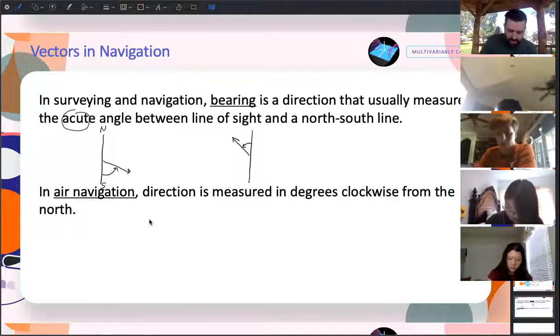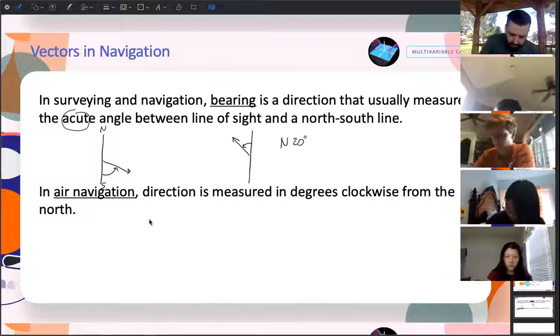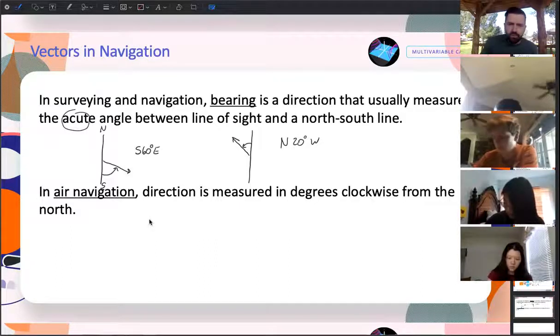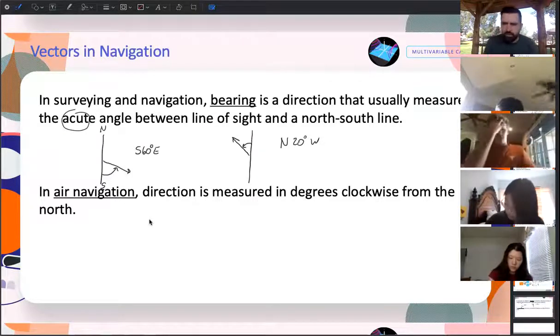So you would see things like north 20 degrees west, or south 60 degrees east. Meaning from the south, we went 60 degrees to the east, or from the north, we went 20 degrees to the west.